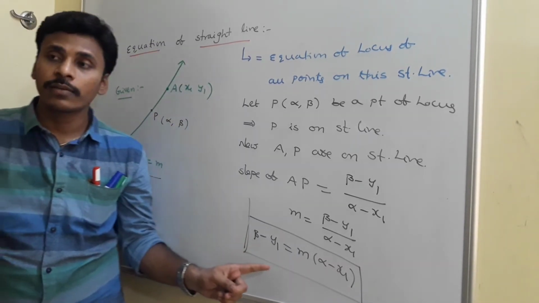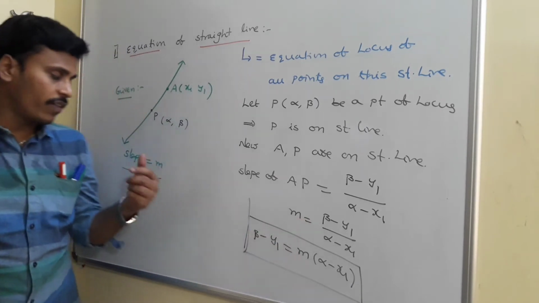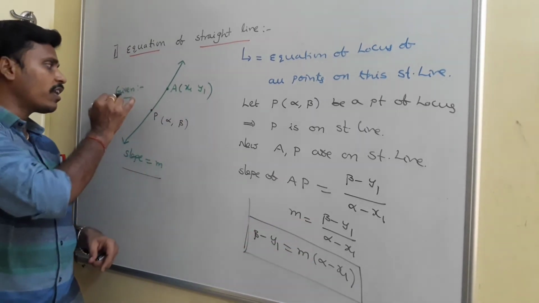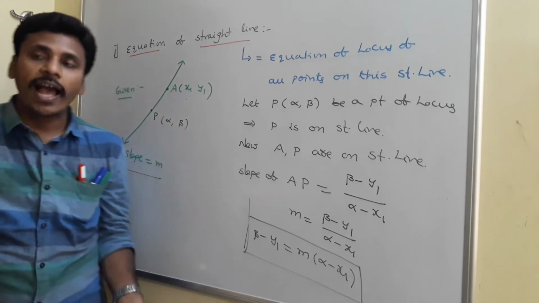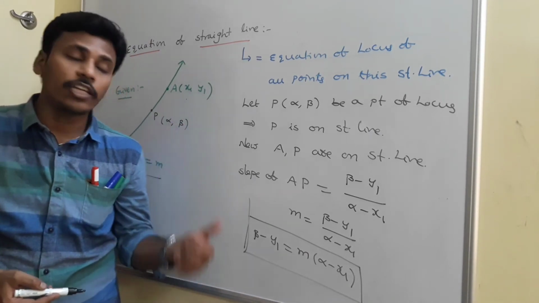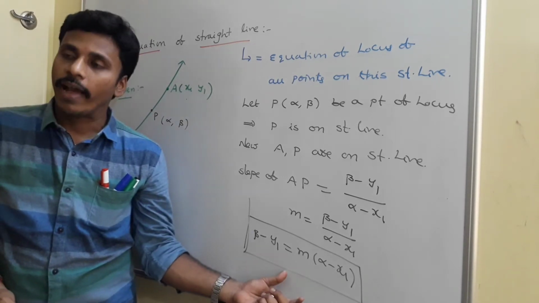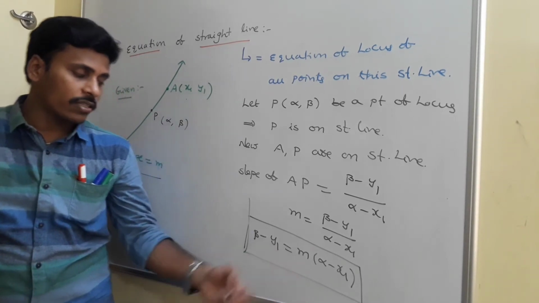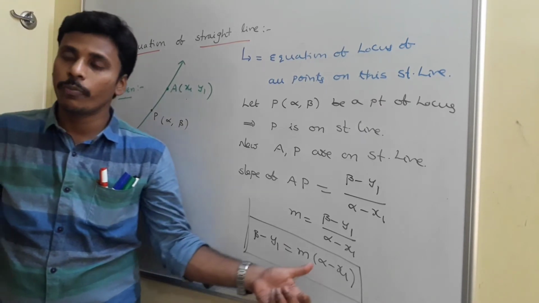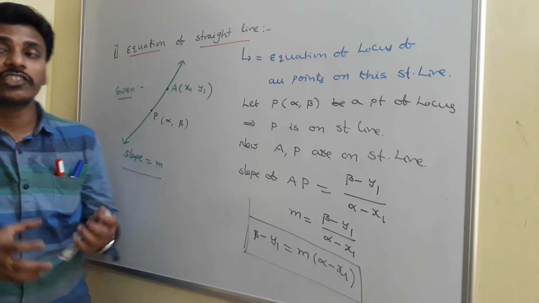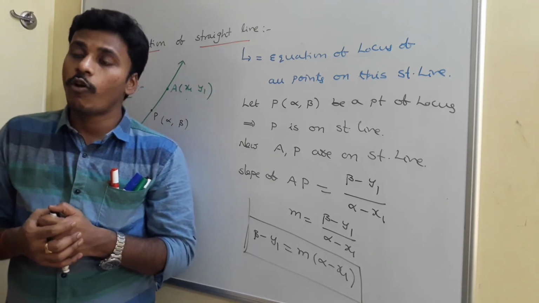If you look at this, m is the given value, and x1, y1 is a given point. All these things are given, right? So you are allowed to utilize x1, y1 along with the m value in the final locus. And our final locus is beta minus y1 is equal to m into alpha minus x1. And we know the way of generalization, the step 5 of the locus.